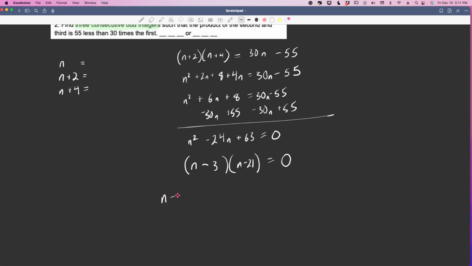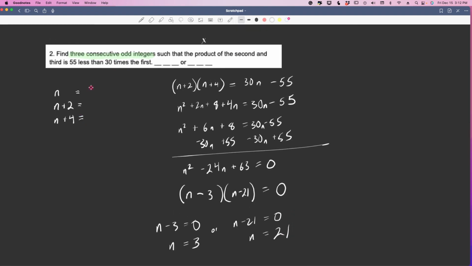So n minus 3 equals 0. N is equal to a positive 3, or n minus 21 is equal to 0. N is equal to a positive 21. So we have two solutions here. So n is either 3 or 21, which means 5, 7, 23, 25.